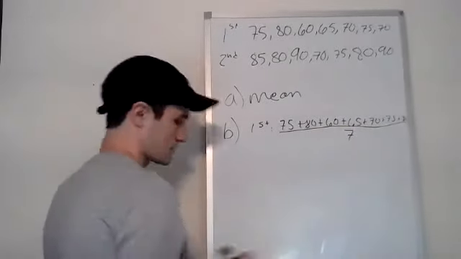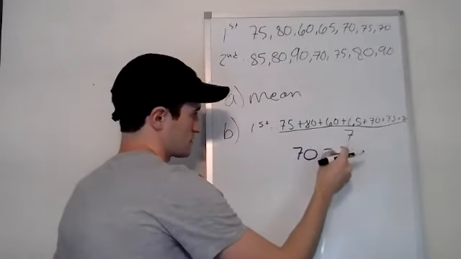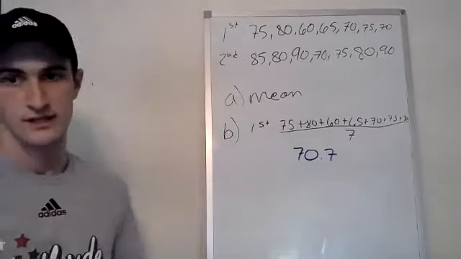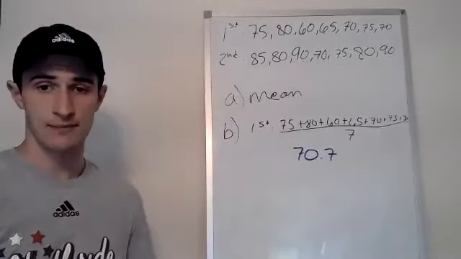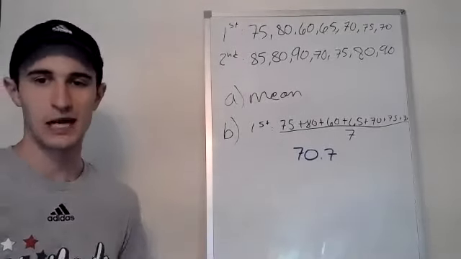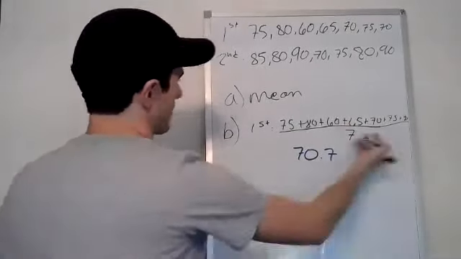And I think that would average out to be 70.7 for the first semester. Just add them all up and divide by the number of numbers you added. We had 7 numbers that we added, so we divided by 7.